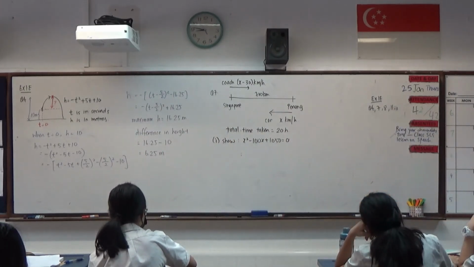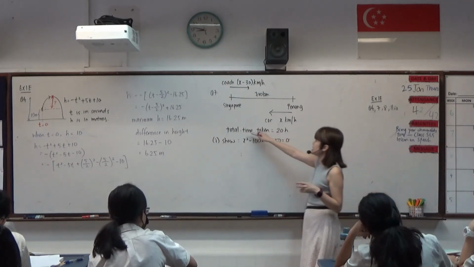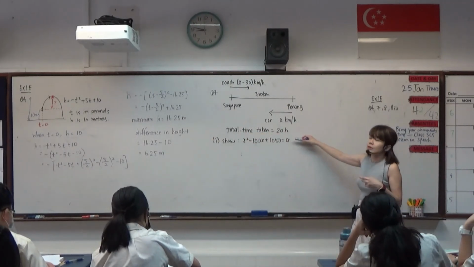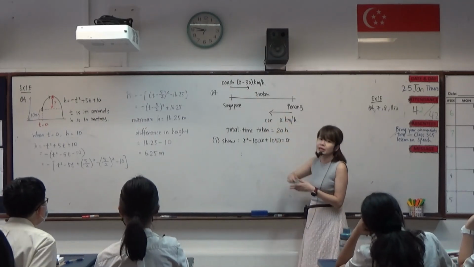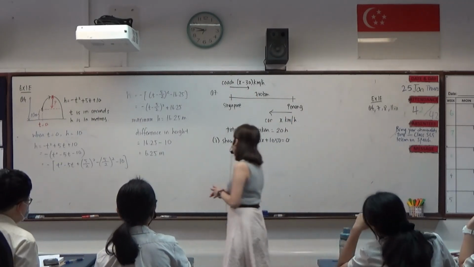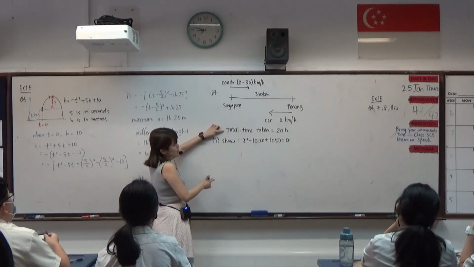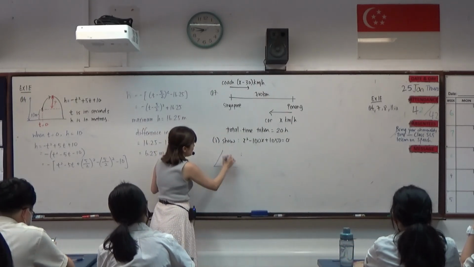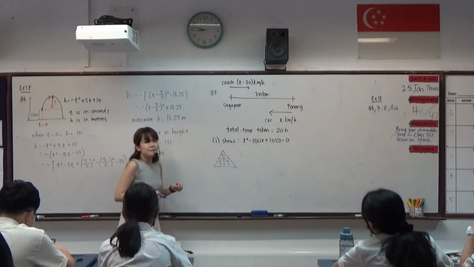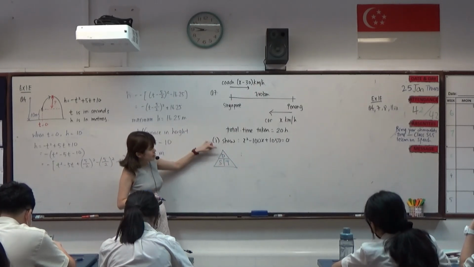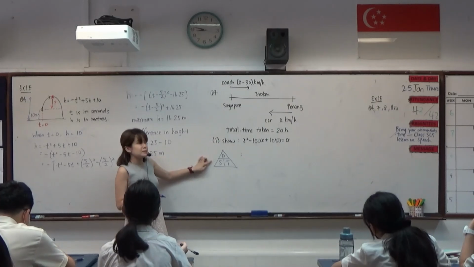So what we are told is this total time taken is 20 hours. We are given information about the speed. We are also given information about the distance. So how to actually rely on this information over here? We need to be familiar with our distance speed time. So time is derived by taking distance divided by speed.